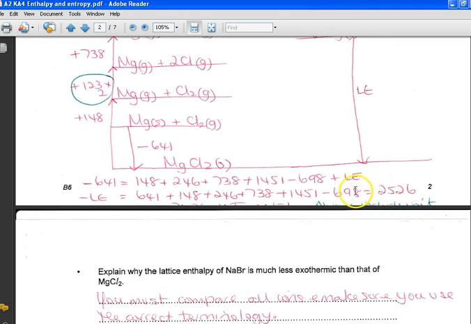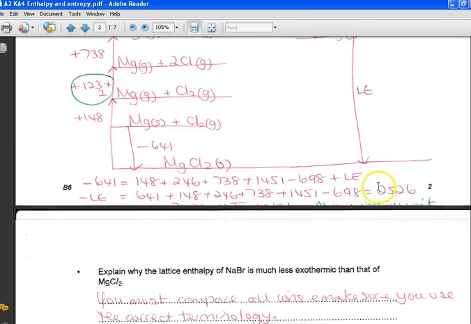Okay, so the answer here, you can't quite see it at the bottom of the page, I'm sorry about that, the scanner. Right, so the calculation, what I've done is I've taken my positive lattice enthalpy and moved it over and taken my negative value here for enthalpy of formation and moved that over and made it positive, which to my mind just makes for an easier calculation. But you must remember that you have to then multiply both sides by -1 to get your final answer.